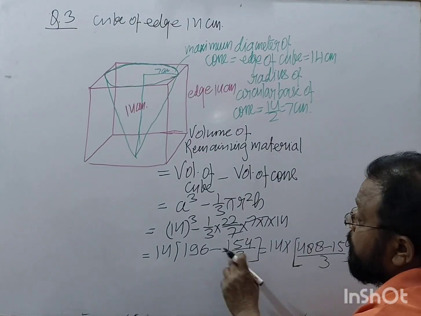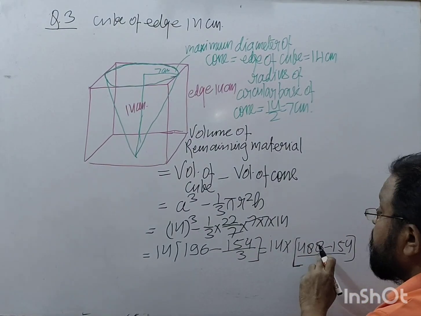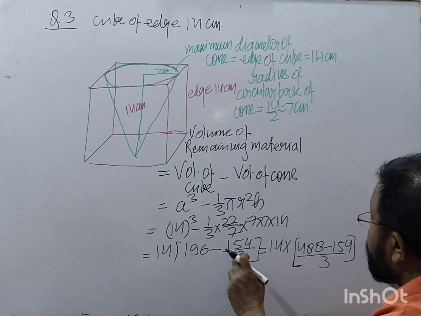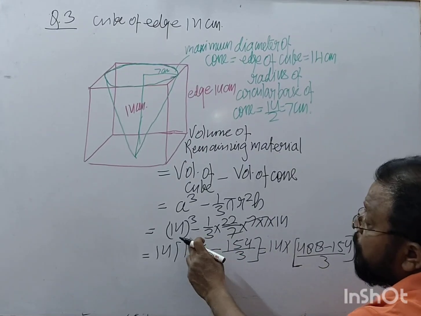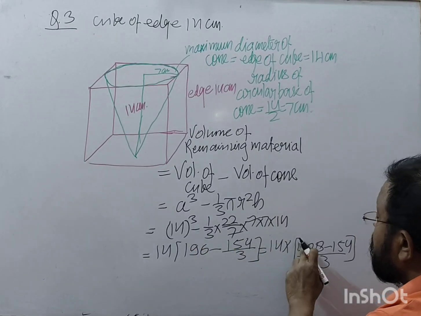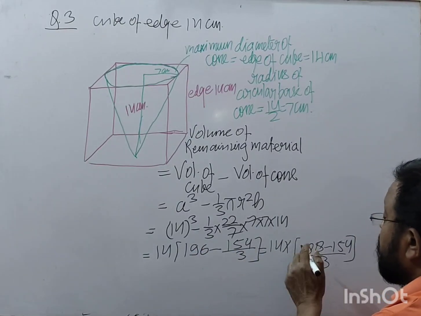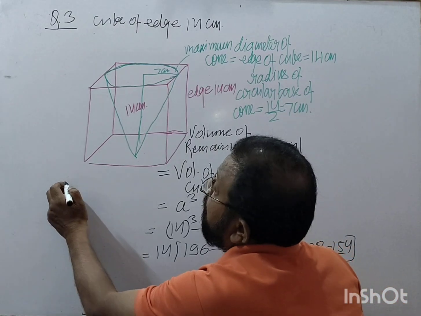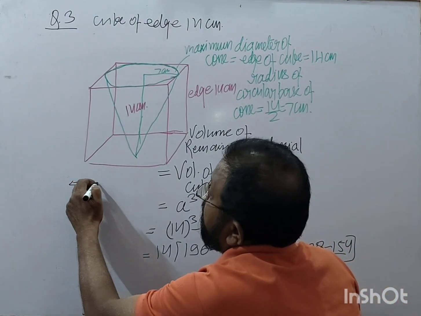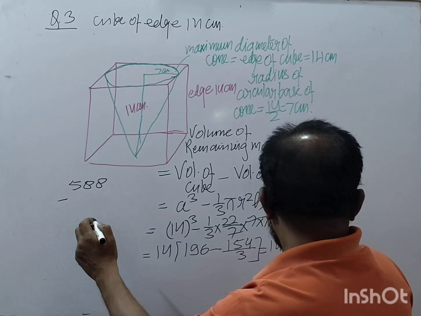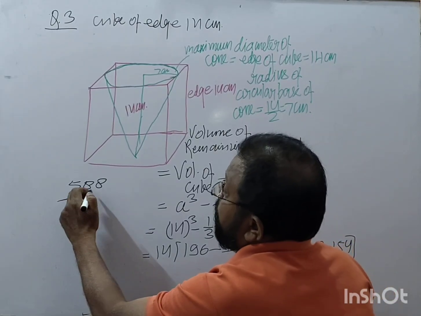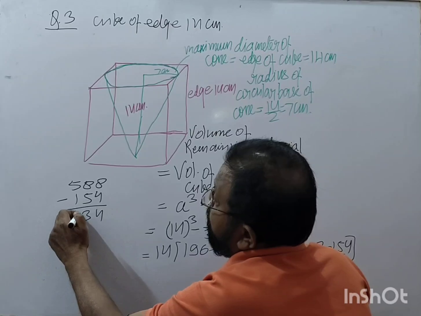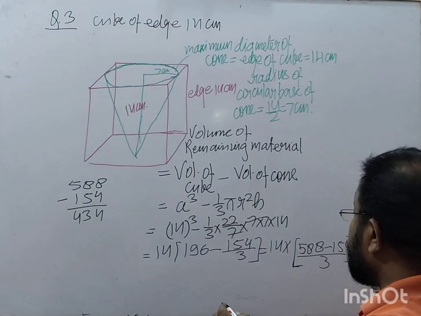This is 6 times 3 becomes 18, we get 1. 9 times 3 becomes 27, 128, we get 2. 3 times 1 becomes 3, 2, 5. Here is 588. Now 588 subtracted from 154, you get 434, right?